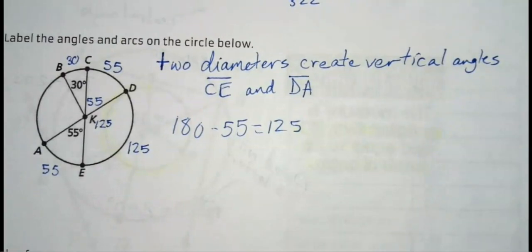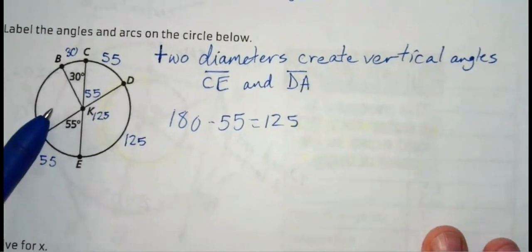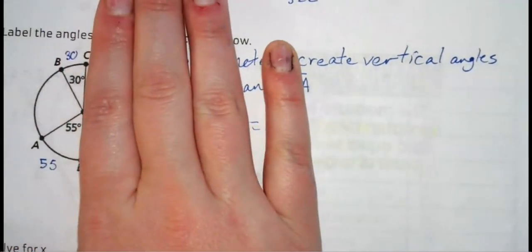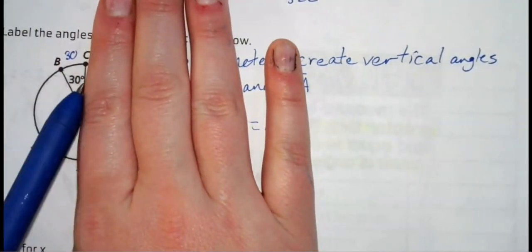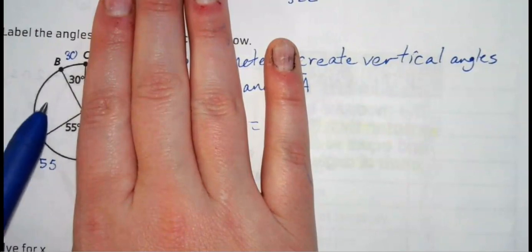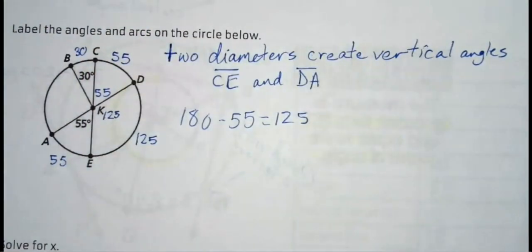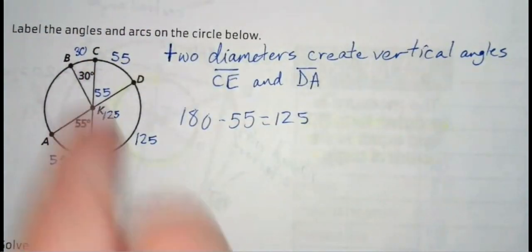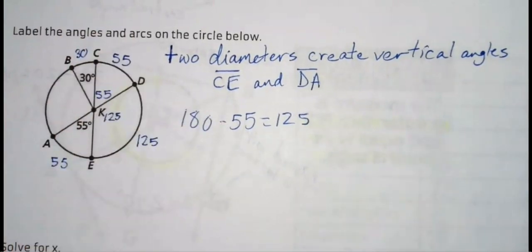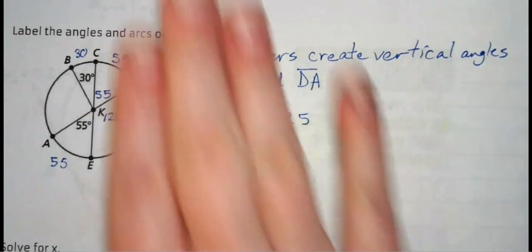All right, last thing. You've got this piece. There's two ways to do this. You either cut this in half and you subtract both 55 and 30 from 180, and that's what's going to be left over, or you do have everything else in the circle, so you could add all of these up and subtract from 360. It's up to you and whatever you feel more comfortable with.